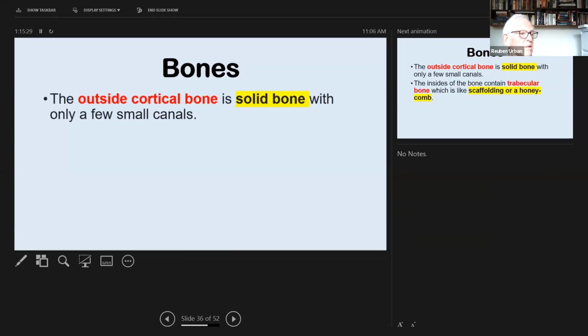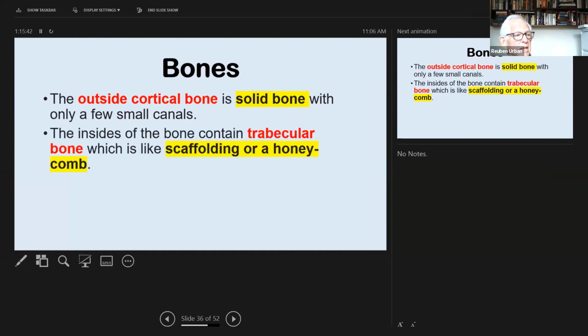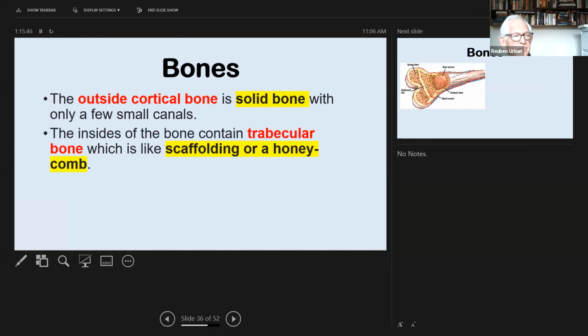So the bones: the outside of the bone is solid bone, and it's got some small canals. But the inside is what's called trabecular, and it's got a scaffolding that looks like honeycomb.